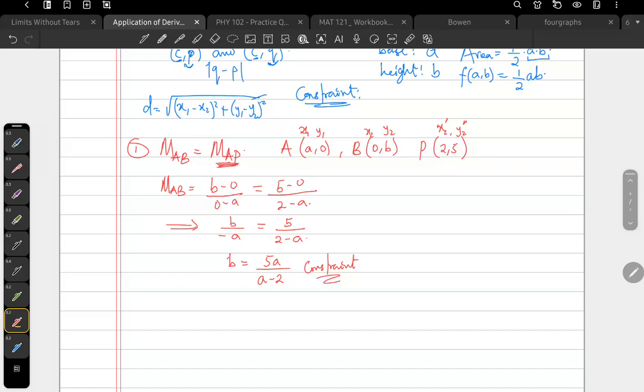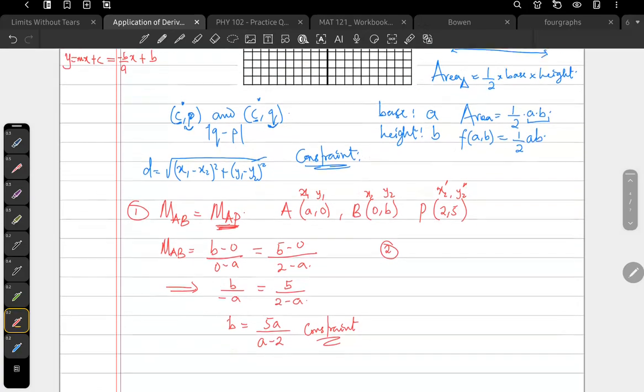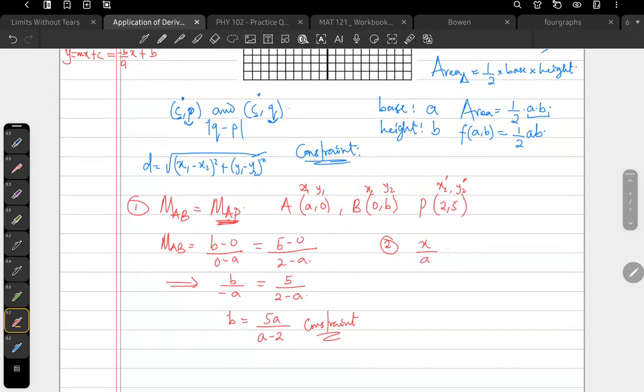The second method is to use the equation of the line. We said the equation of the line is x over a plus y over b equals 1. We want the fact that (2, 5) is on the line, so it means (2, 5) will satisfy this equation. That means when we put x equals 2 and y equals 5, the equation will be satisfied. So we have 2 over a plus 5 over b equals 1.